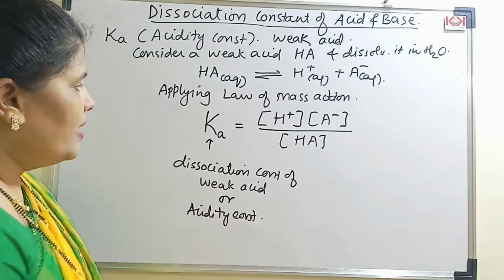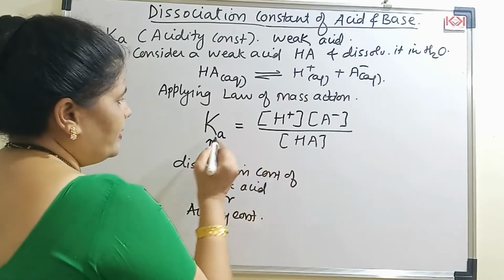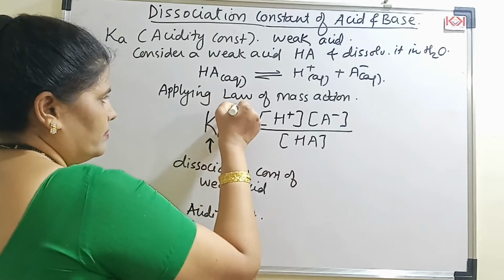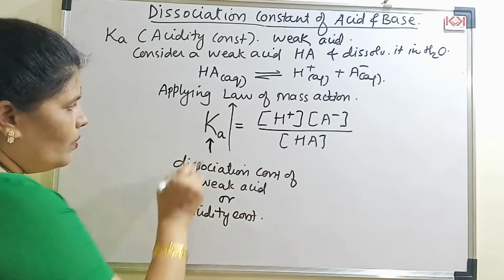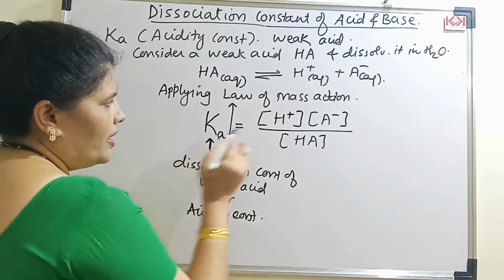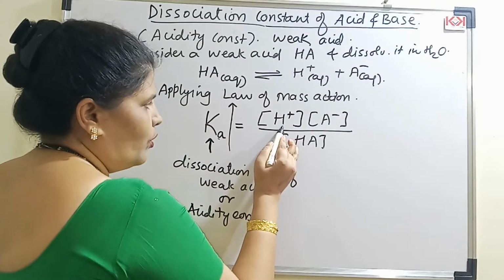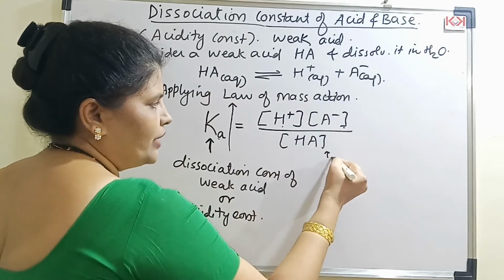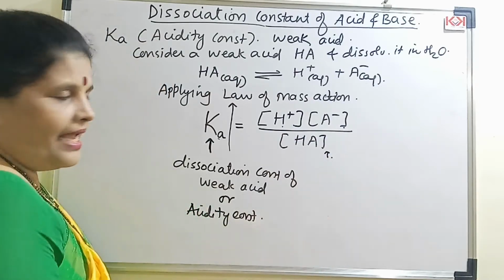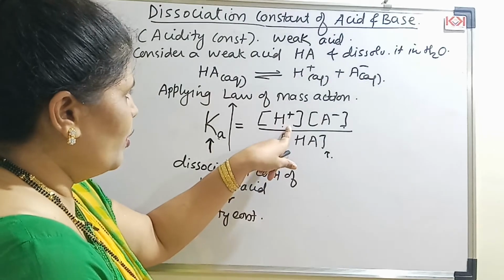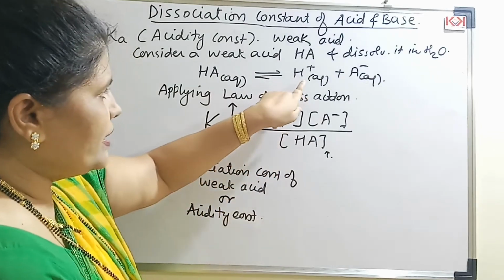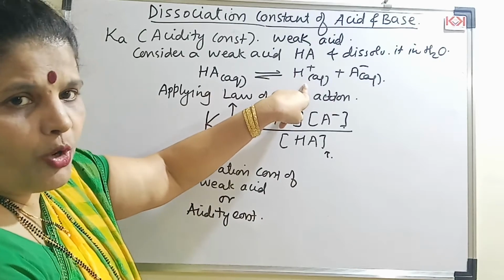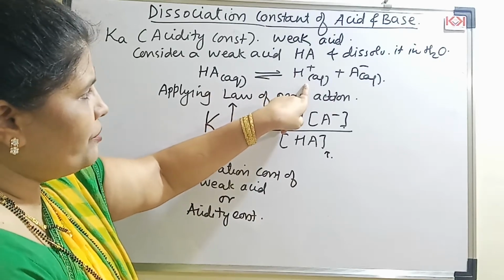Now students, if I say that this Ka value will be more, what does it mean? When this value will be more, this concentration is more, and the other concentration is less. When will this concentration be more, students?